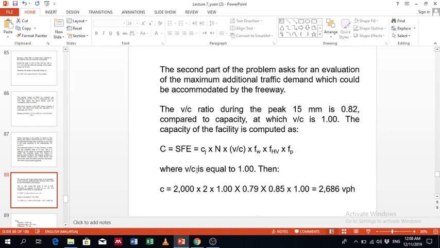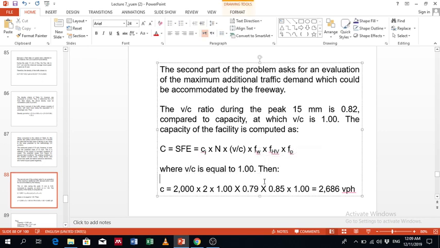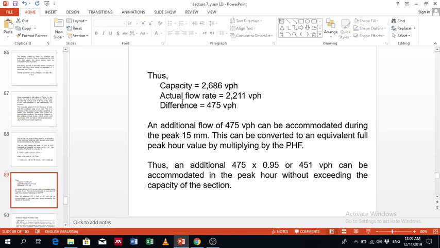So when V over C is equal to 1, it means that we already reached the capacity. So when they ask how much additional traffic flow we can add to reach capacity, it means that we have to consider V over C equal to 1, then again calculate the SF. So the SF would be 2211.